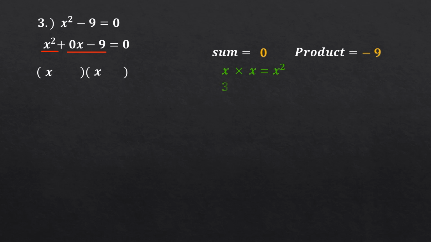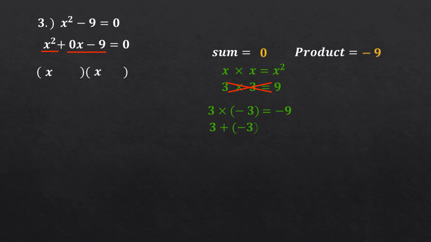Let us try positive 3 and positive 3. When we multiply positive 3 times positive 3, the product is positive 9, which does not satisfy the product of the two numbers, which is negative 9. To have a negative product, make the other number negative. So, the two numbers are positive 3 and negative 3. When we multiply positive 3 times negative 3, it is equal to negative 9.